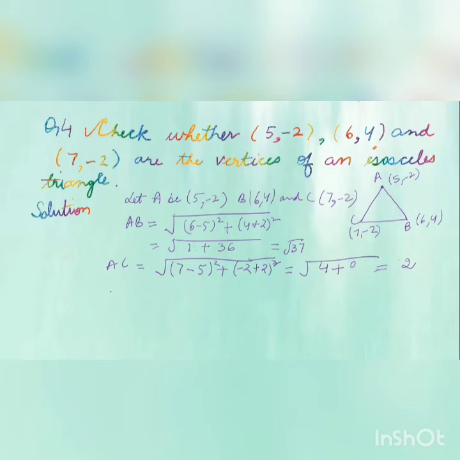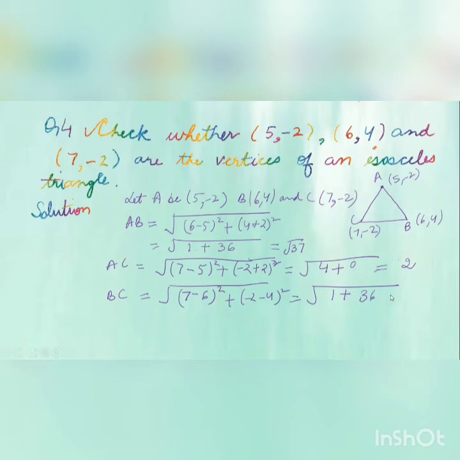Now AC is there, AB is there. Now calculate BC. For BC, 7 minus 6 square plus minus 2 minus 4 square. So 7 minus 6 is 1, 1 square is 1, plus minus 2 minus 4 is minus 6, then minus 6 square is 36.